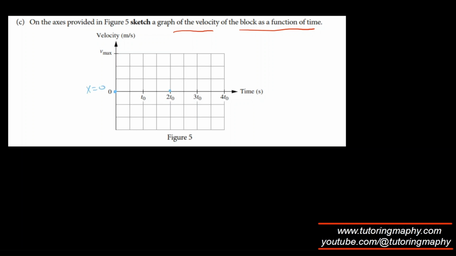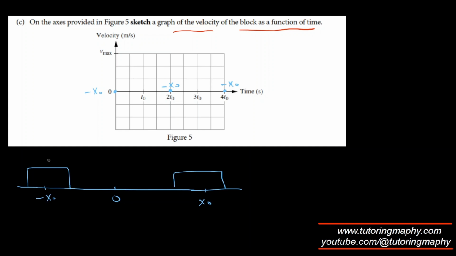Sorry, it started at x equal to minus x naught. So this should again be the point where it is at minus x naught. So don't you think it makes sense over here? This is 0 and this is x naught.